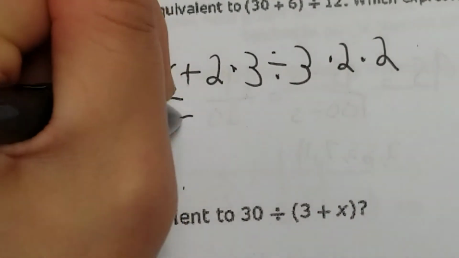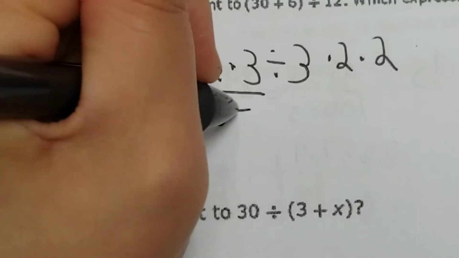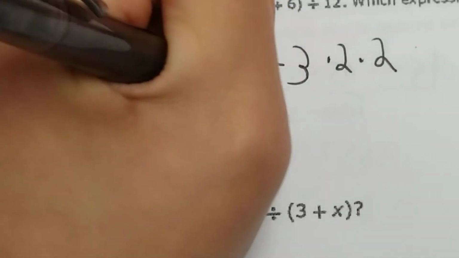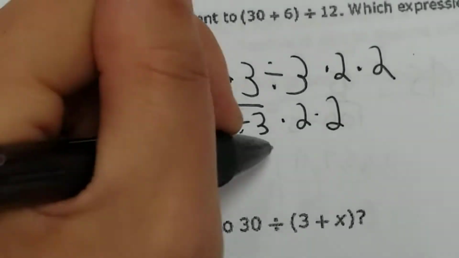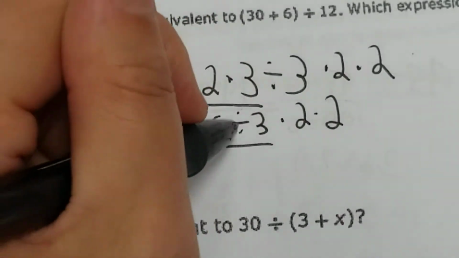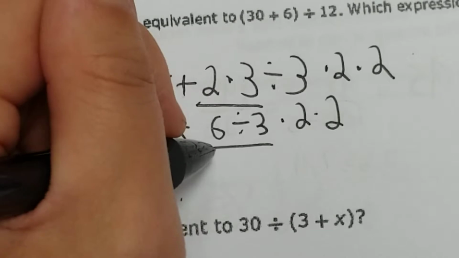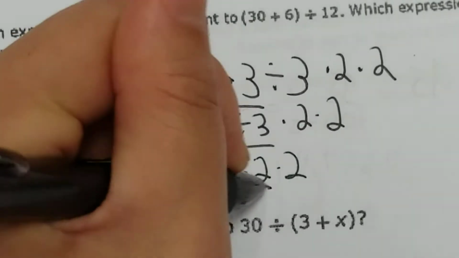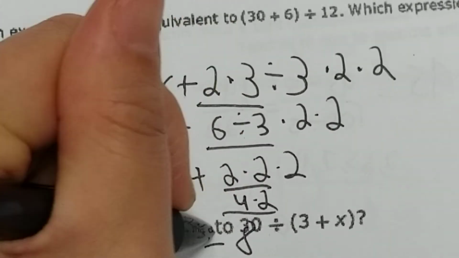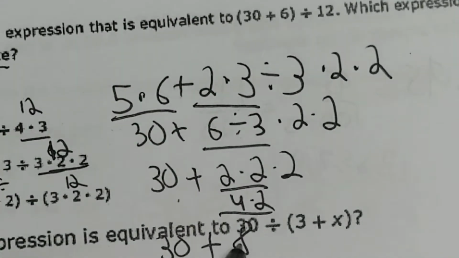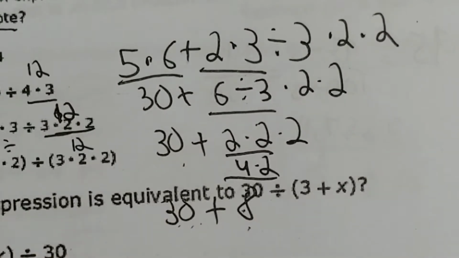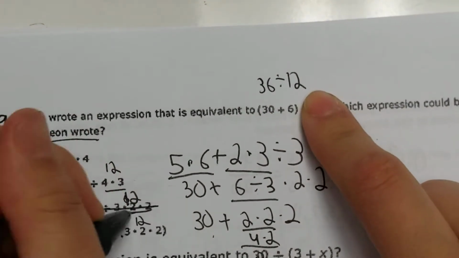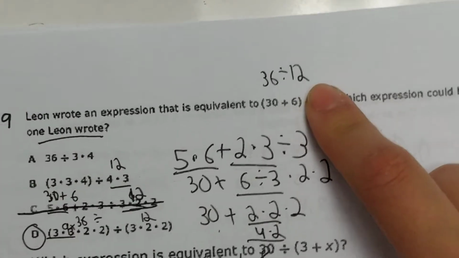So this would be 30 plus 6 divided by 3 times 2 times 2. 6 divided by 3 is 2 times 2 times 2. And this is 4 times 2, which is 8. And so this is 30 plus 8. 30 plus 8 will not be the same thing as 36 divided by 12. That's why it can't be C.